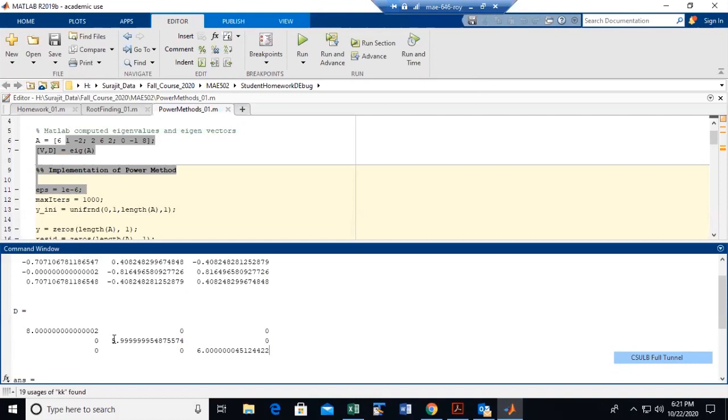What it does internally, I don't know. As I mentioned at the very beginning of this class, MATLAB just takes one of the methods that we are learning and implements it in a script. It doesn't do anything different from that. Okay, thank you. Welcome.